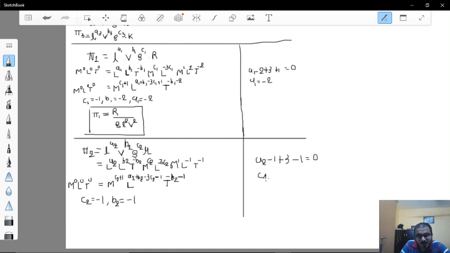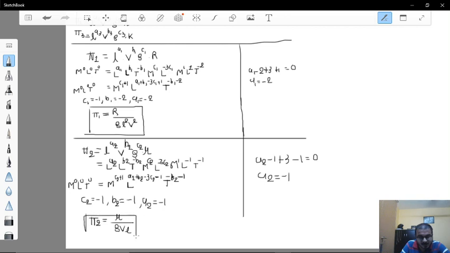So A2 is also minus 1. So we have obtained the value of pi 2, that is equal to mu upon rho V L.